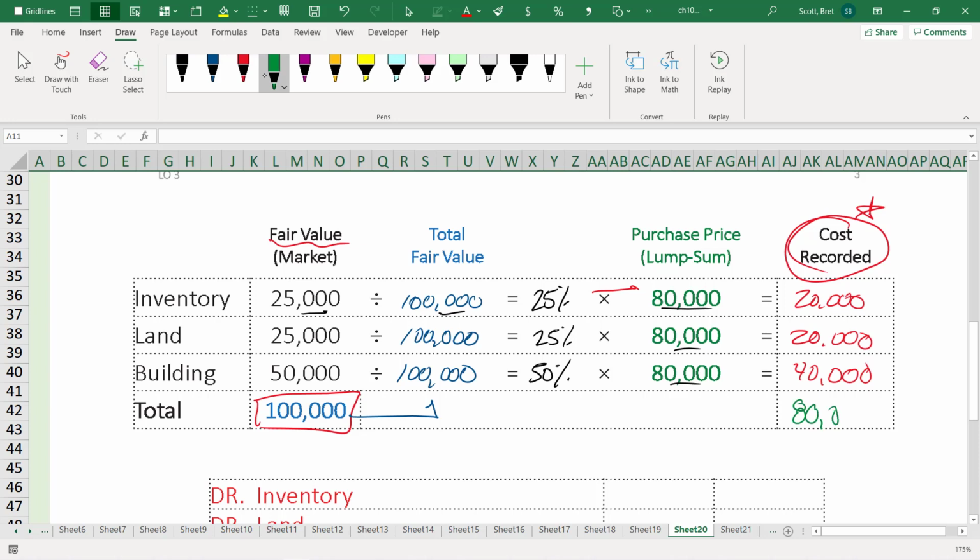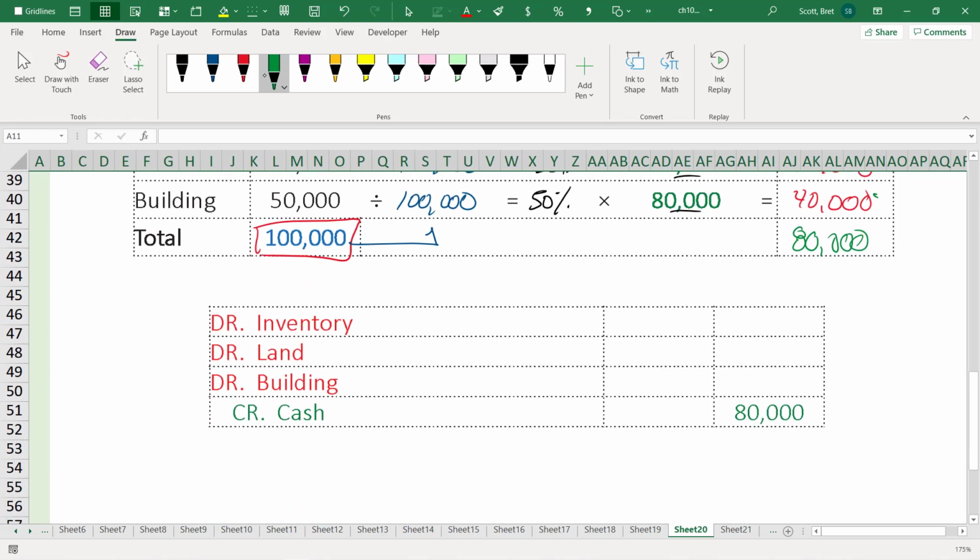Total is still 80,000, but we broke it out between inventory, land, and the building. So down below, what do we record as the overall cost for inventory? We would record 20,000. What's the overall cost basis in land? 20,000. What's the cost basis in the building? 40,000. And how do we know that works? Because this is the true amount that we actually spent on the goods.